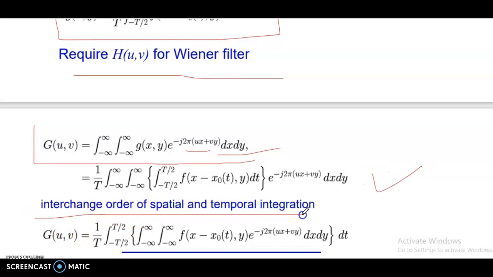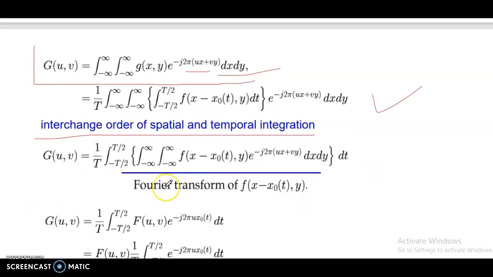Interchange the order of spatial and temporal integration. G(u,v) equals 1/T times the integral from -T/2 to +T/2 of the double integral over minus infinity to plus infinity of f(x - x0(t), y) e^(-j2π(ux+vy)) dx dy dt.